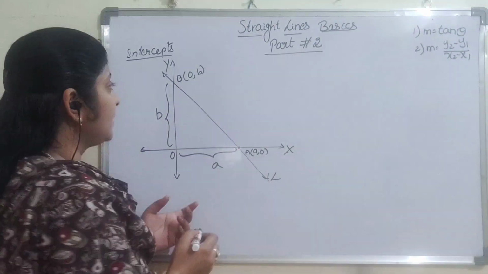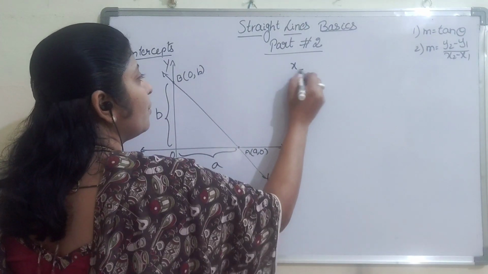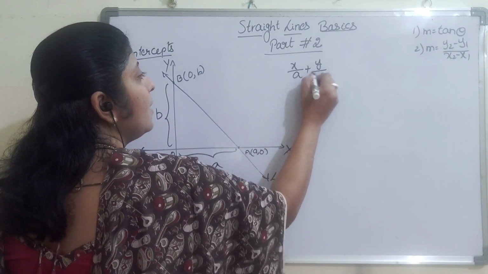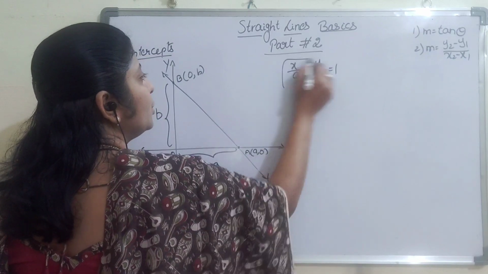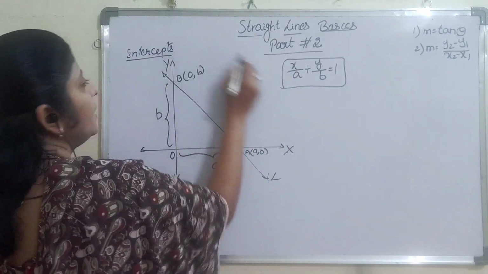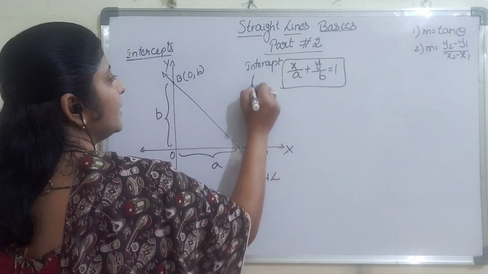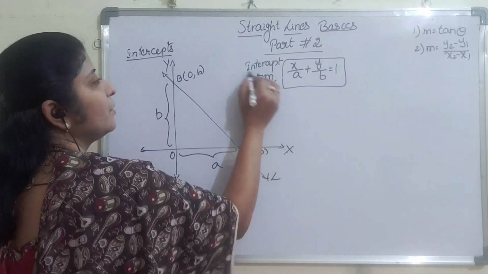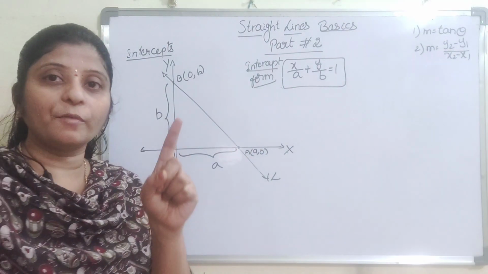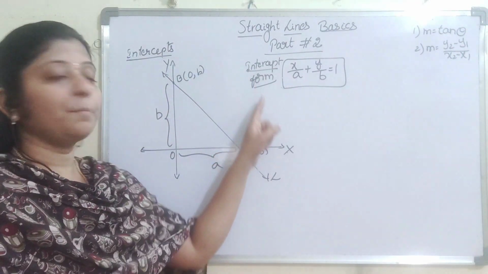For these intercepts we have the form x by a plus y by b equal to 1. This is called the intercept form of a straight line.